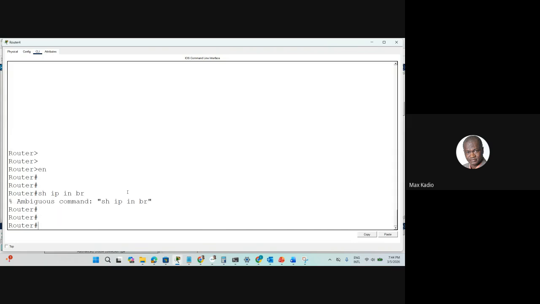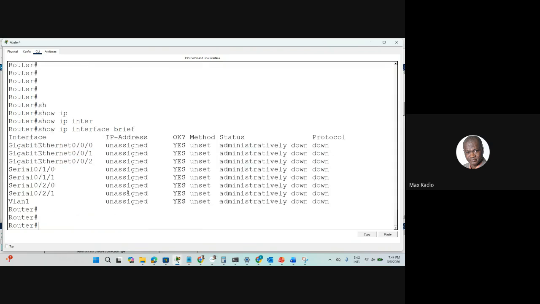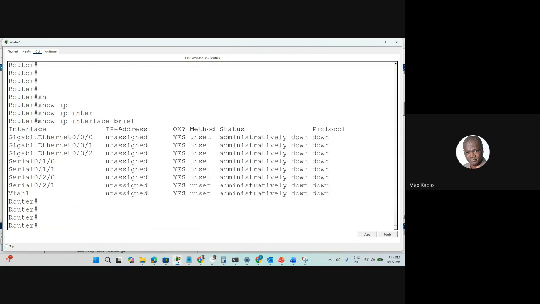Let me type everything for you. Show ip interface brief is the command you type to view all the interfaces that you have on your switch or on your router.